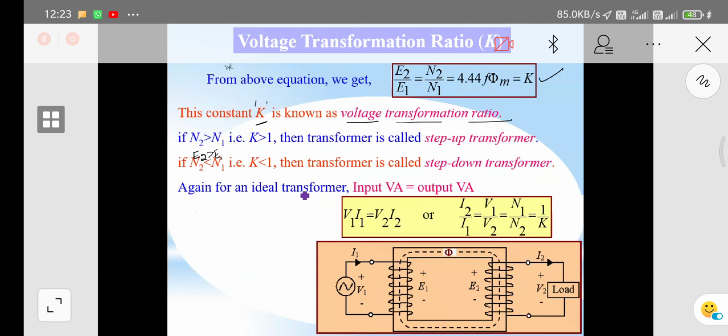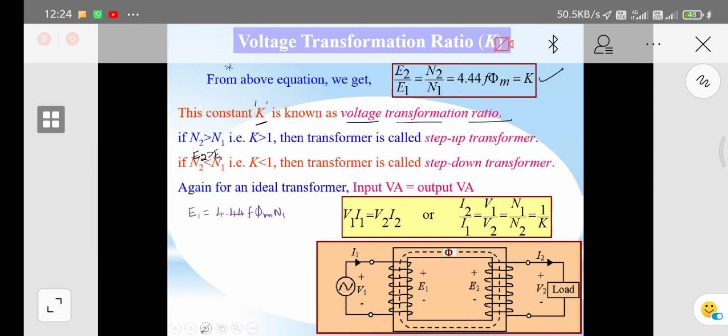Generally, this is the most important point here. E1 equal to 4.44 F phi M into N1.